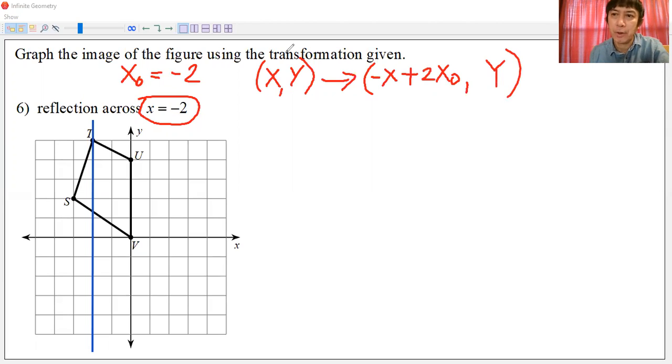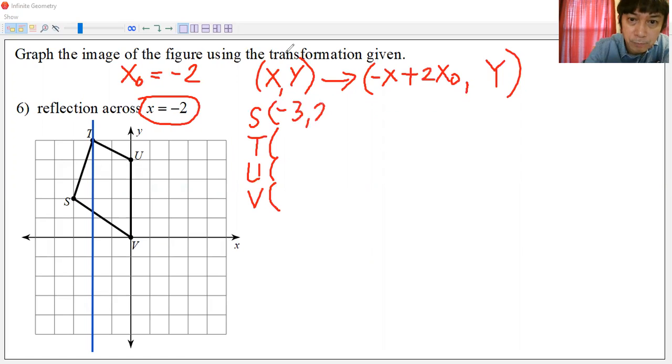Okay, let's gather our points. This is again alphabetized: S, T, U, and V. These are the pre-image. Point S is, let's read first, negative 3, 2. Our point T is negative 2, 5.